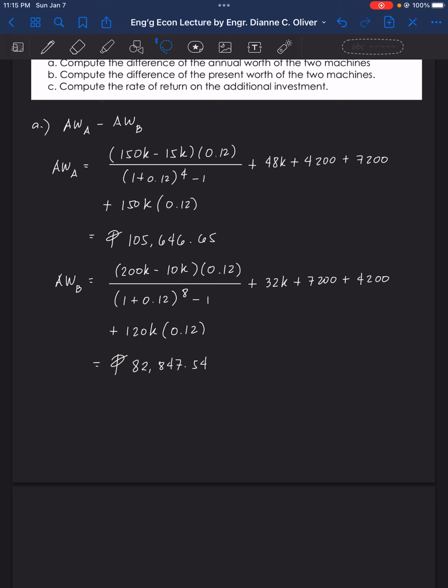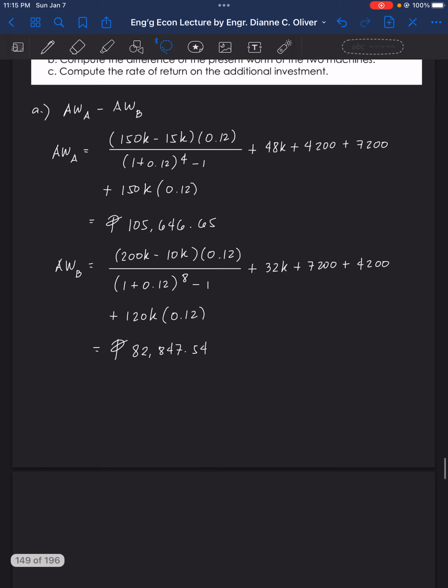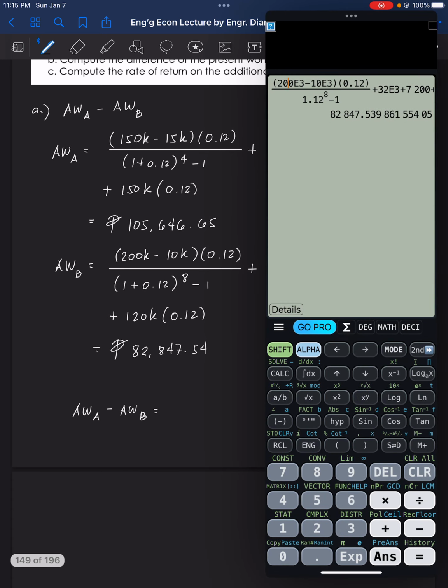Now for the difference, annual worth A minus the annual worth B is equal to 105,646.65 minus 82,847.54.